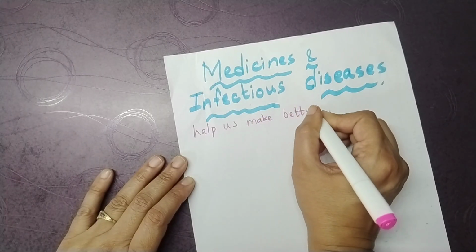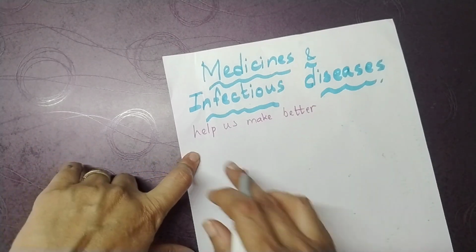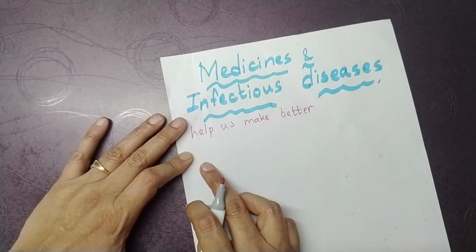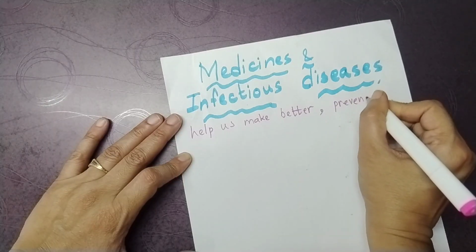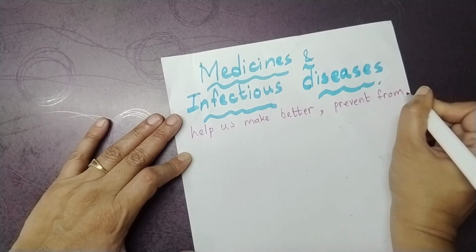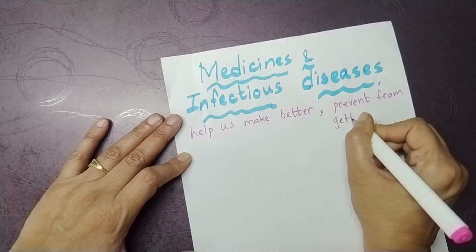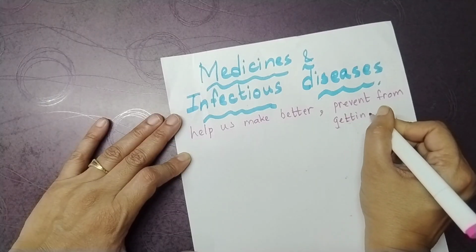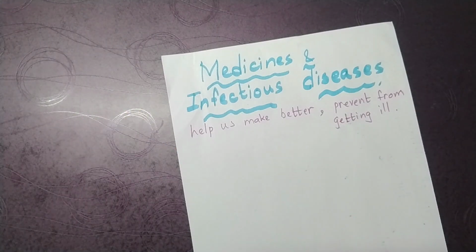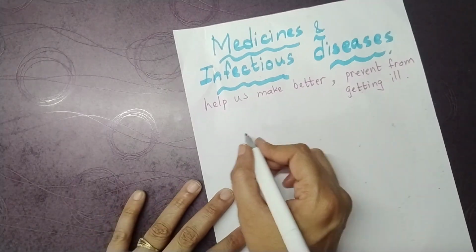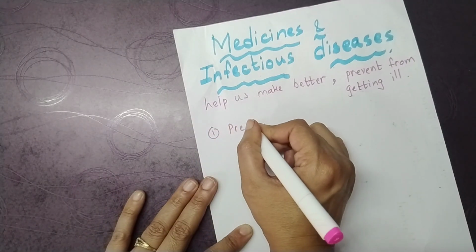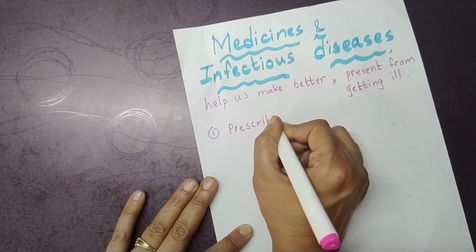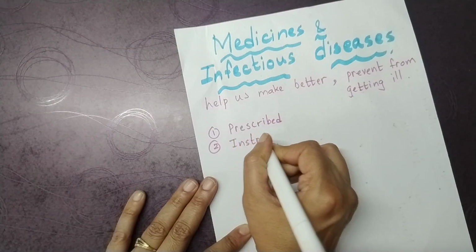Okay, we take medicines to help us get better. Also to prevent us from getting ill. This is the reason we take medicine. Firstly, whenever we take medicines, they should be prescribed. Also, you have to take them with the instructions written on them.